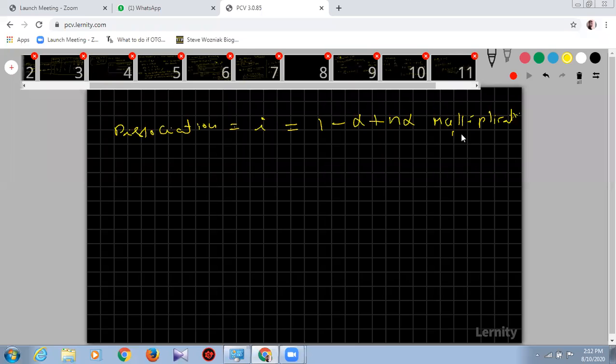Now if you take association, i is equal to 1 minus alpha plus alpha by n. If you are doing association, alpha by n will come, that is beta by n, whatever we already discussed. So this is what we are doing here: division to alpha.